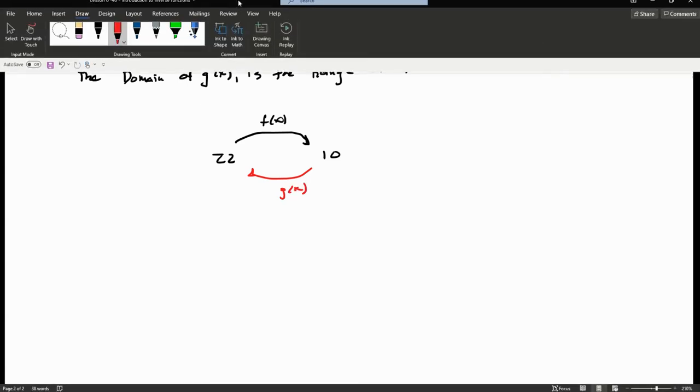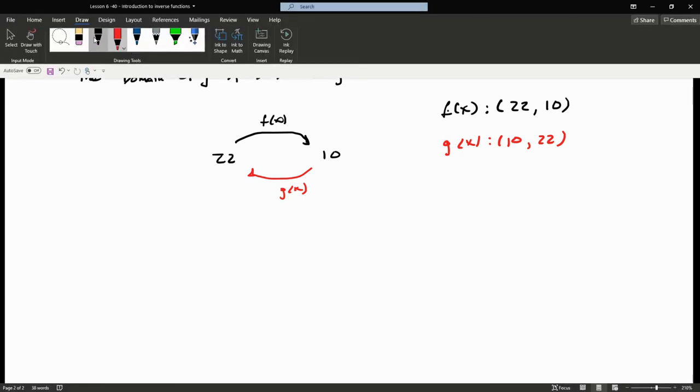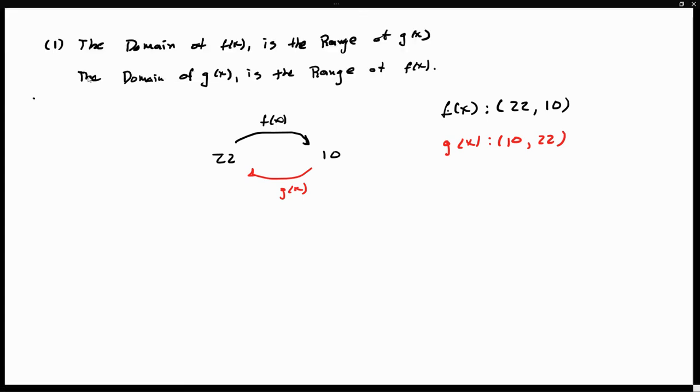In other words, f of x had a domain value of 22 and then it gave you 10. Well, g of x was doing the opposite. To g of x, we plug in 10 and it gives me a value of 22 out. So this is the most important property when it comes to inverse functions. The domain and the range of inverse functions switch with each other.